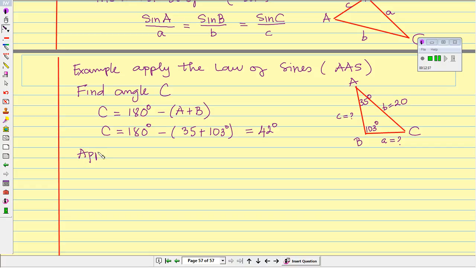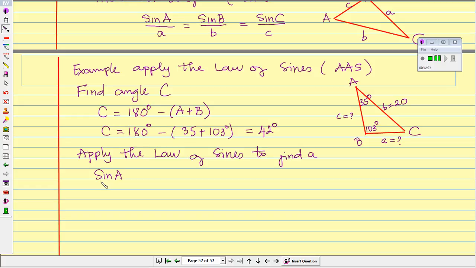Next, we are going to apply the law of sine to find the side a.